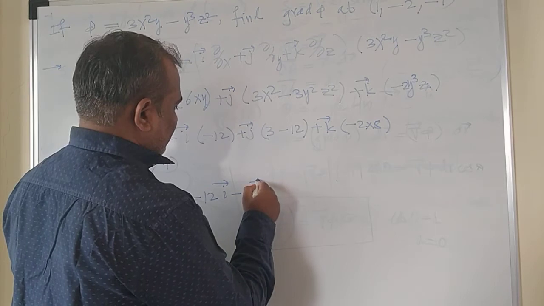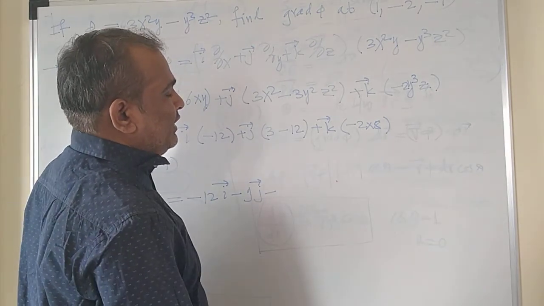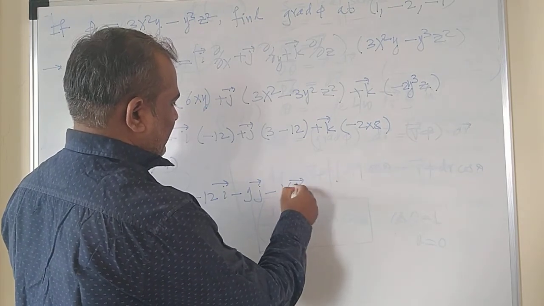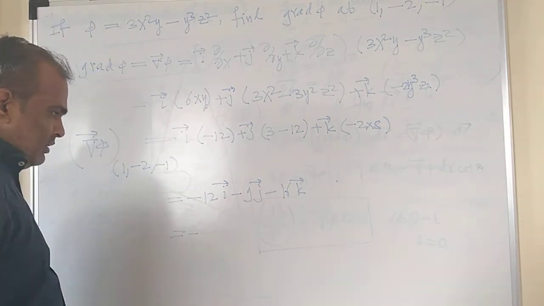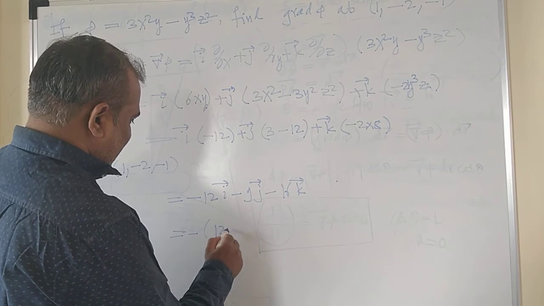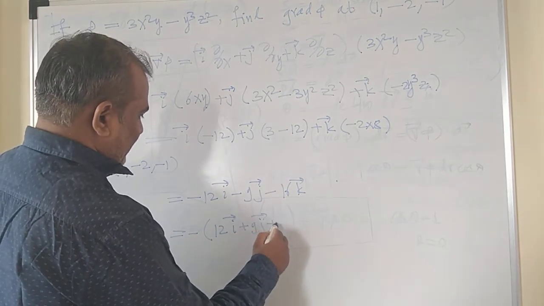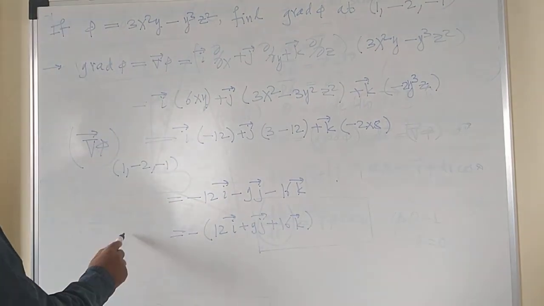Minus 9 j bar, and this will also be negative. So 8 into 2 will be minus 16. Minus 16 into k bar. If you take the negative sign common, you can write this as 12 i bar plus 9 j bar plus 16 k bar.